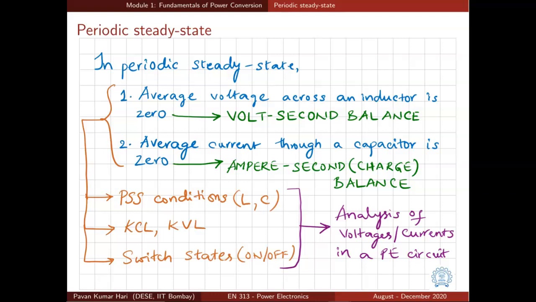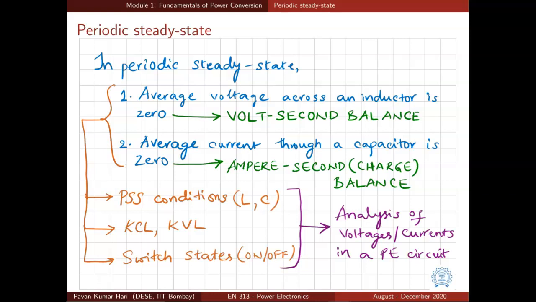Why? Because I is equal to C dV by dt. So this principle is known as the principle of ampere-second balance. Ampere-second is nothing but charge. If you integrate current with respect to time, you will get charge. So the charge deposited on a capacitor is equal to the charge depleted under periodic steady state.